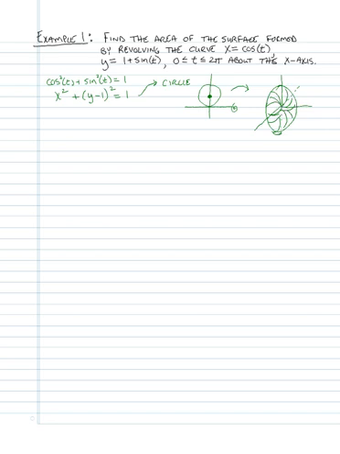So to calculate the surface area, S is going to be an integral of 2 pi times y. Remember, we're rotating about the x-axis, so it's an integral from the beginning t value to the ending t value of 2 pi times y, times the square root of, and the y is there because we're rotating.